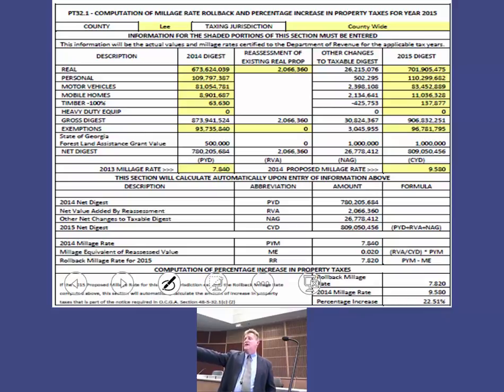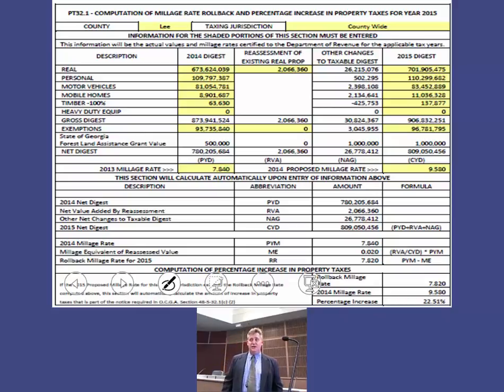And once we have that, we convert that reassessment of existing real property value to a millage rate equivalent. And if it's positive, the prior year millage rate is going to be reduced to come up with the rollback rate. So that means if the current year millage rate is greater than the rollback rate, you're going to have a tax increase.